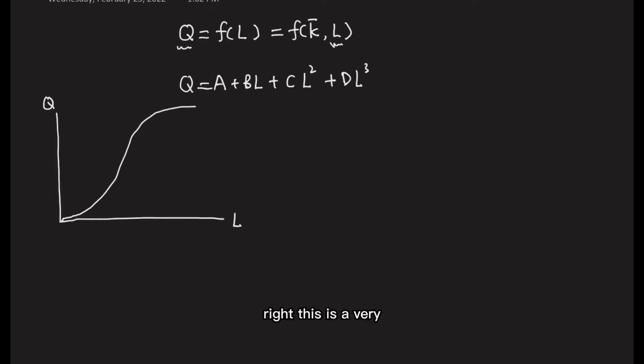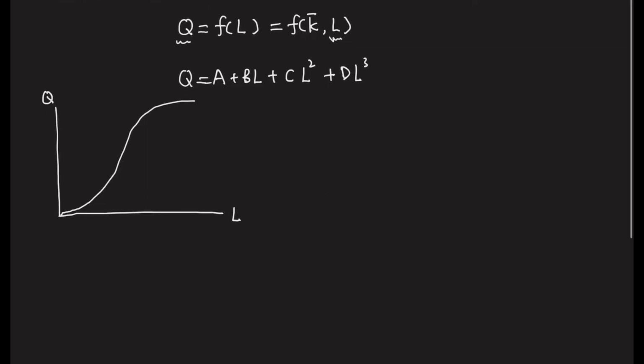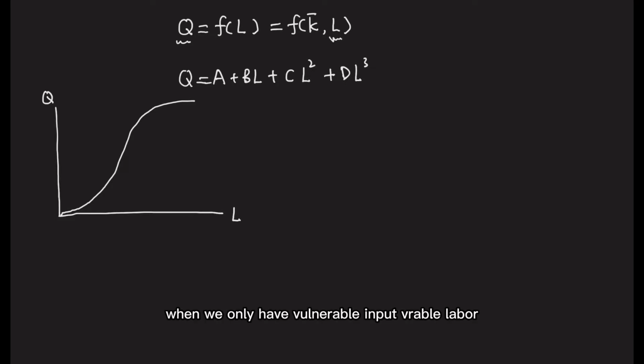This is a very general or generic production curve, when we only have one input variable, labor. So now quantity equals F of L.